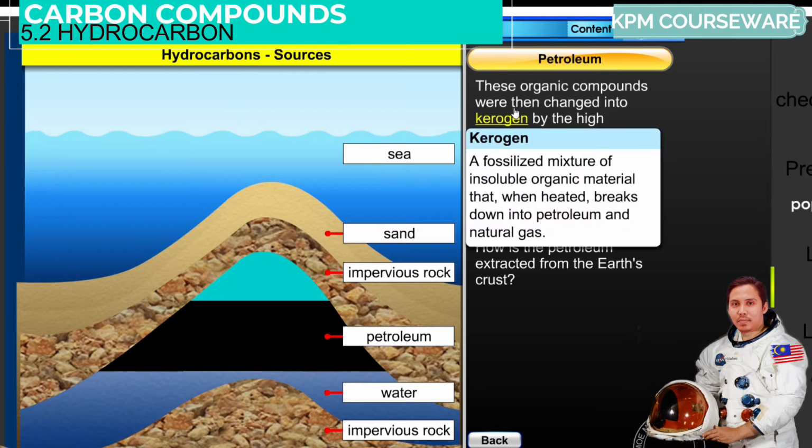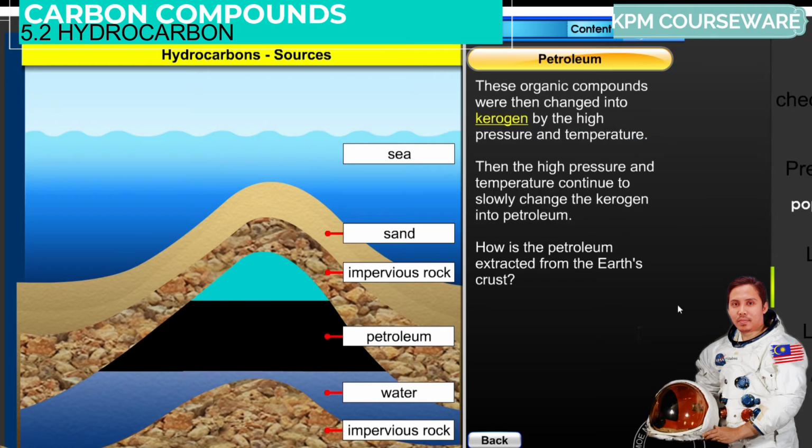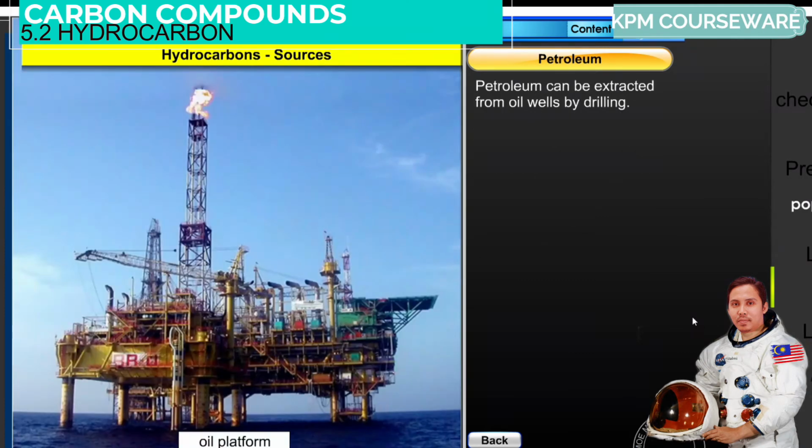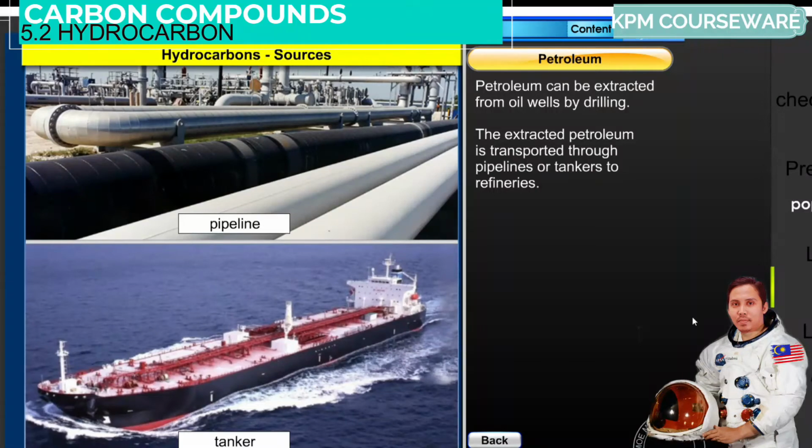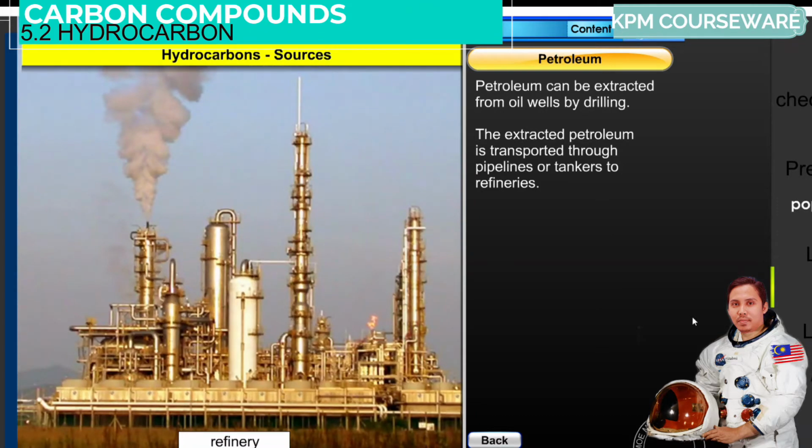How is the petroleum extracted from the Earth's crust? Petroleum can be extracted from oil wells by drilling. The extracted petroleum is transported through pipelines or tankers to refineries.